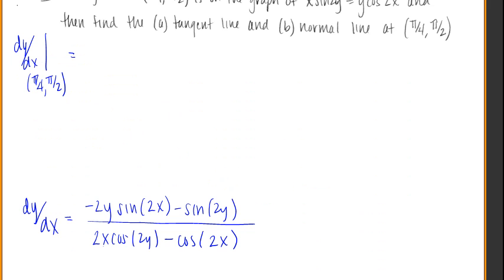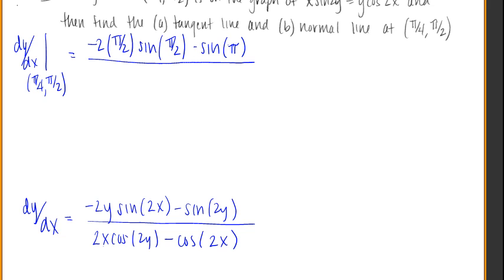Okay, so dy/dx evaluated at our coordinate. It's going to be negative 2 times our y value, so pi over 2, times the sine of 2 times our x value, so I'm just going to go ahead and write that as pi over 2, minus sine of 2 times our y value, which is 2 times pi over 2, which is just going to be pi in there.